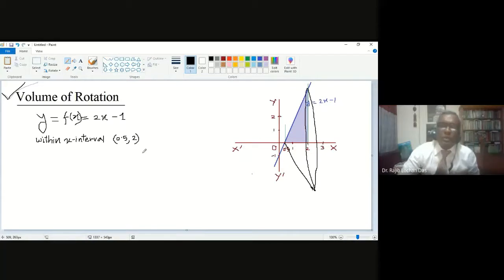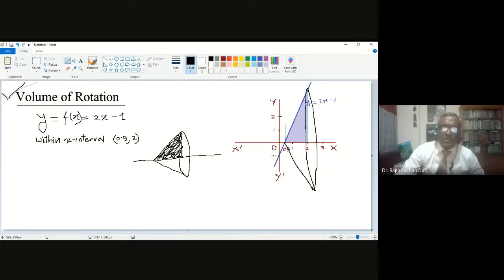What I am saying is that this will be a figure like a cone, and it will come from the rotation of this triangle. The x-axis will be the center of rotation, and this triangle is being rotated by taking the x-axis as its center.